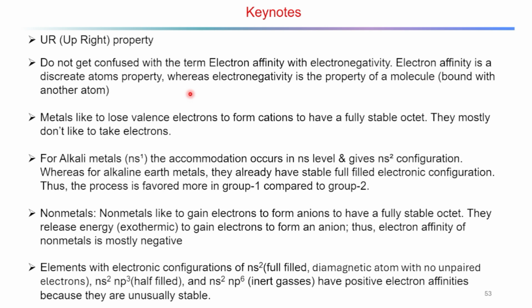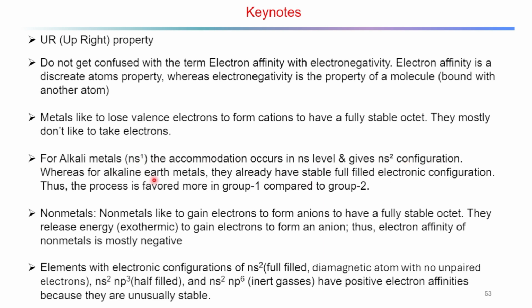Metals like to lose valence electrons to form cations to have a fully stable octet. They mostly don't like to take electrons. So for metals, the electron affinity value is very less or sometimes greater than 0. For alkali metals, with ns1 electronic configuration, the accommodation occurs in the ns level and gives ns2 configuration.